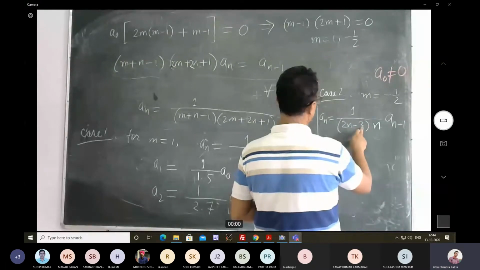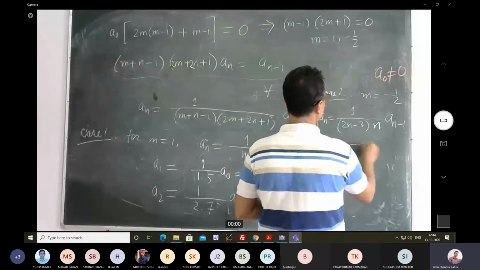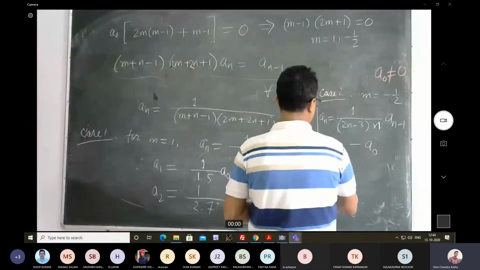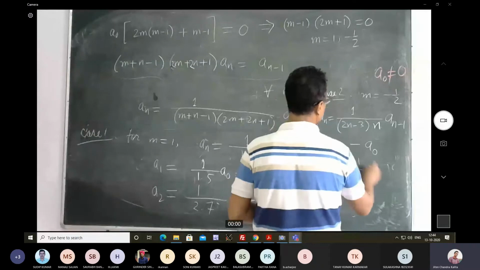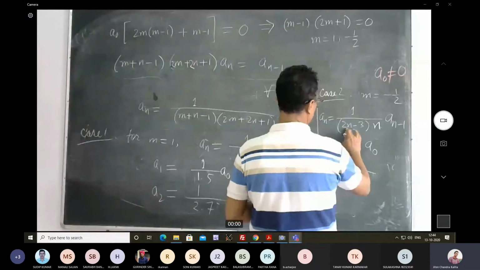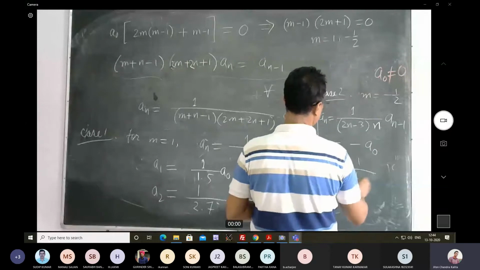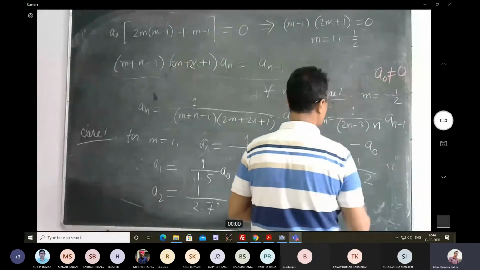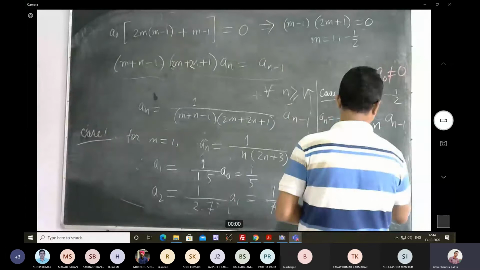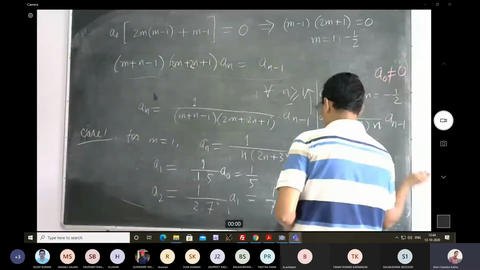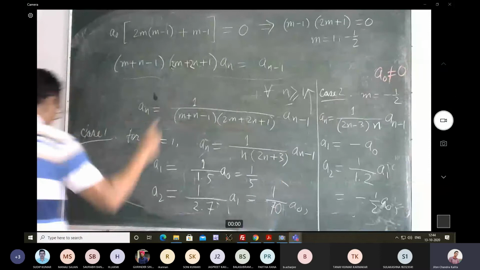So this is minus 1 and 1. So this is going to be minus a naught. A2 is 4 minus 3, so 1 into 2 a1. So this is minus half a naught. Okay, that is fine. I'll do more exercises later on.